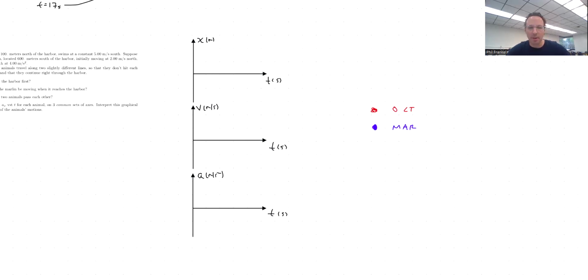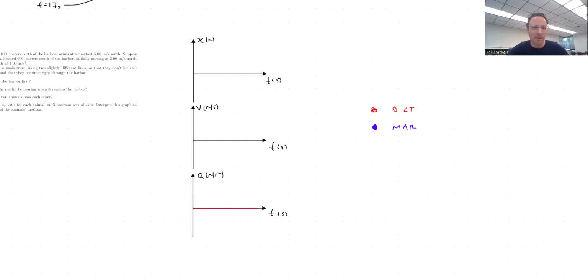Okay, well, the octopus has an acceleration of 0. So, I have to adjust the color. The octopus has an acceleration of 0. So for the octopus, its acceleration versus time graph is just a flat line at acceleration equals 0. It just coincides with the time axis.